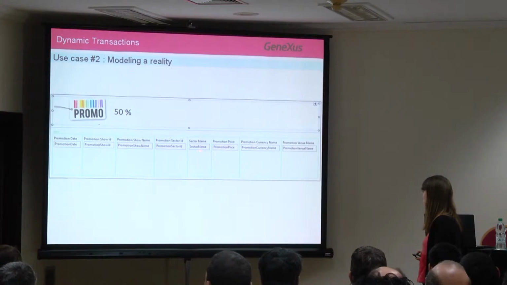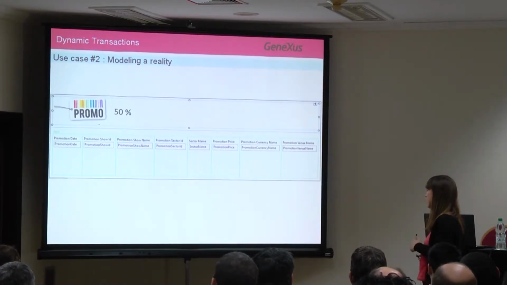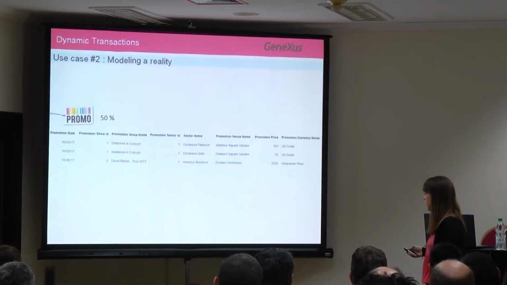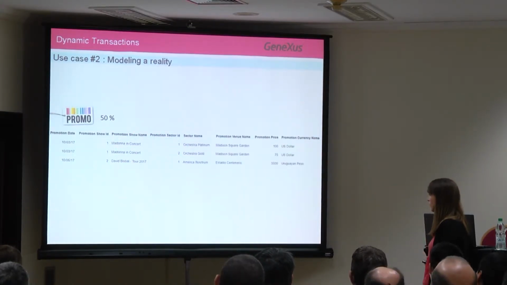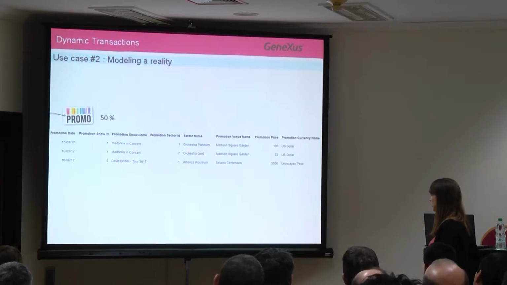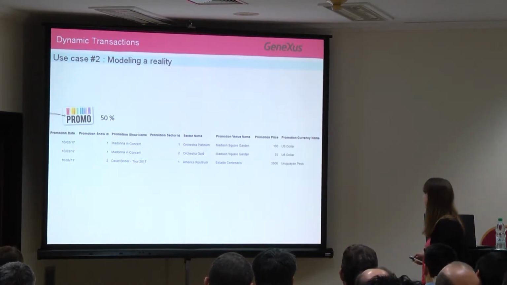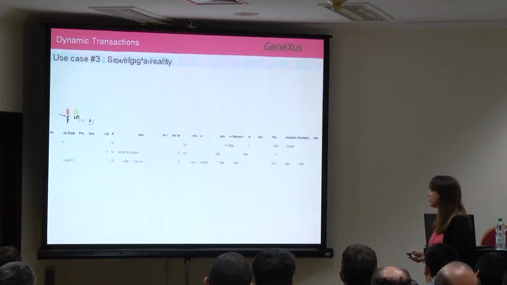That's the only one I took advantage of. I could have used sector price, but I've already used price in the promotion. And then here we can see that this is the promotion for these shows. This is the only one for the future because I did it some days ago.